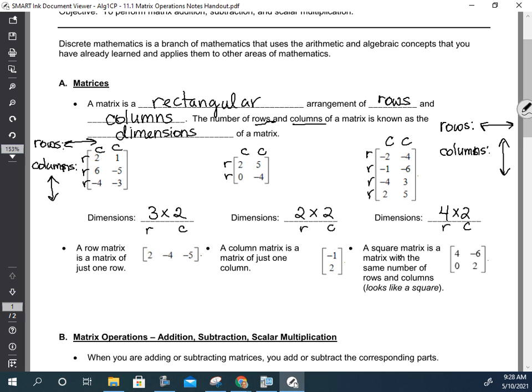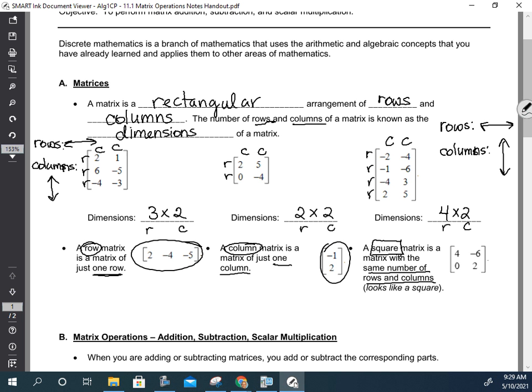Just a couple of things to know about dimensions. A row matrix means it just has one row. So this example here, one row. A column matrix, one column. A square matrix means it has the same number of rows and columns, so it looks like a square.